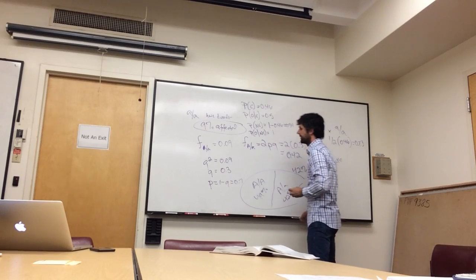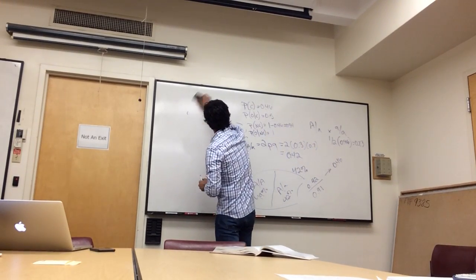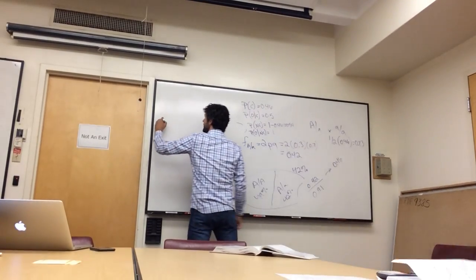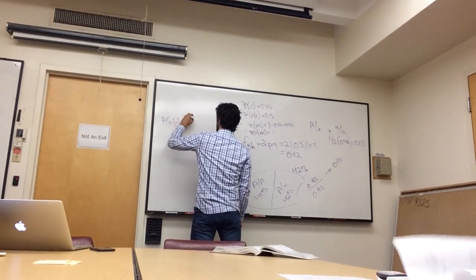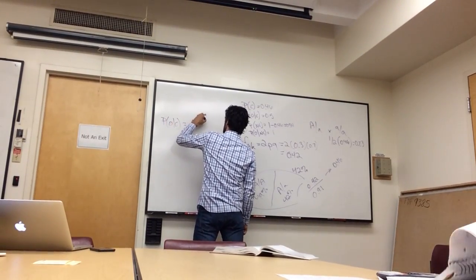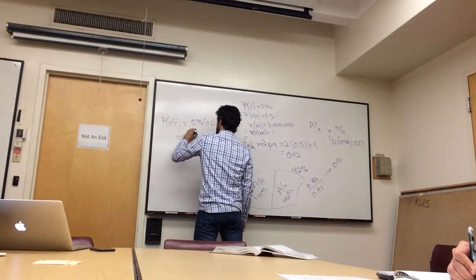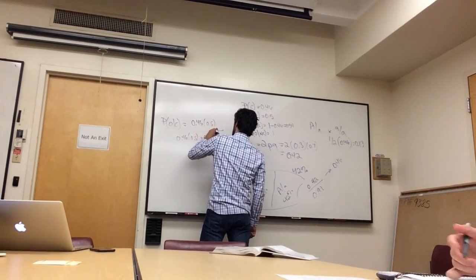Good. Okay. So now we could plug that back into our posterior probability equation, and we would say 0.46 times 0.5 divided by 0.46 times 0.5 plus 0.54 times 1.